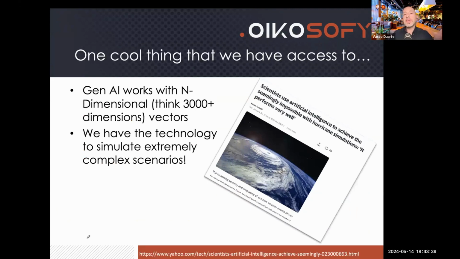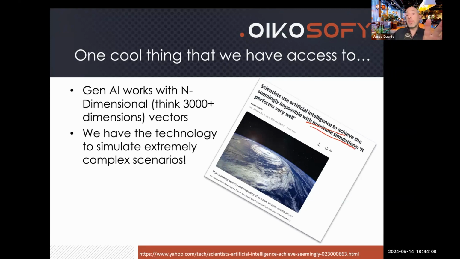And the cool thing is that these days we even have systems that allow us to incorporate thousands of data points and generate real-time outcome simulations. So, for example, there's a group of researchers and scientists using generative AI to predict the path of hurricanes, right? So they're doing hurricane path simulation.